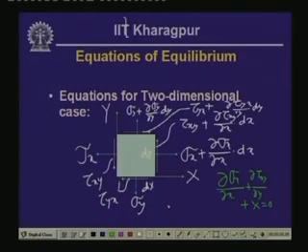Likewise, the other equation will be del tau x y del x plus del sigma y del y plus Y equals 0. So, these are the equations of equilibrium in the two dimensional plane.